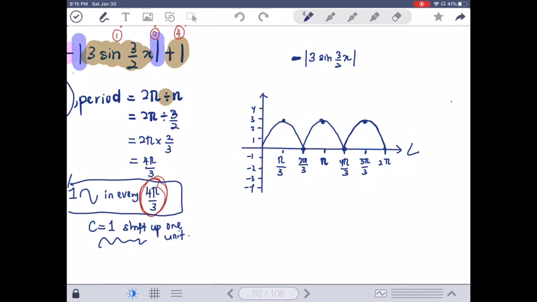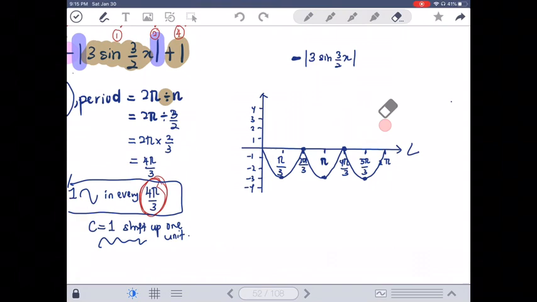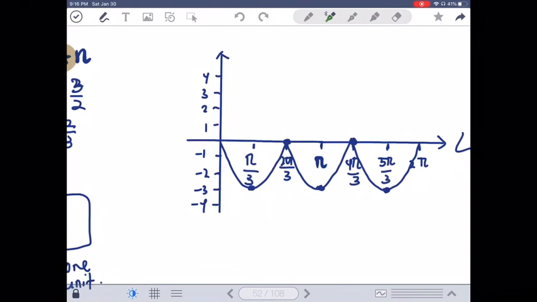So which means that we will have something that looks like this, as if the x-axis is the mirror because of the reflection, the negative. So you can erase the previous one. Last, we need to shift +1. So everything needs to be shifted 1 unit upwards. So it becomes from 0 to 1, from -3 to -2, 0 to 1, -3 to -2, 0 to 1, -3 to -2, 0 to 1.